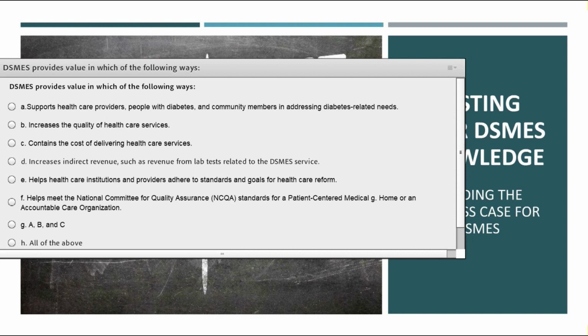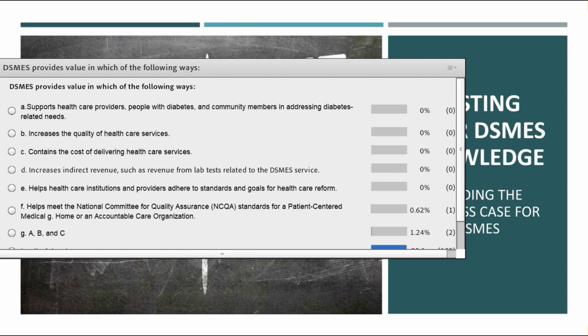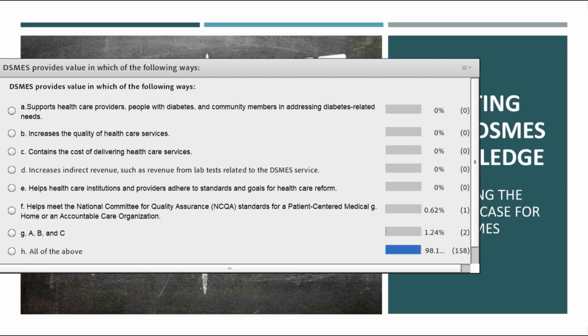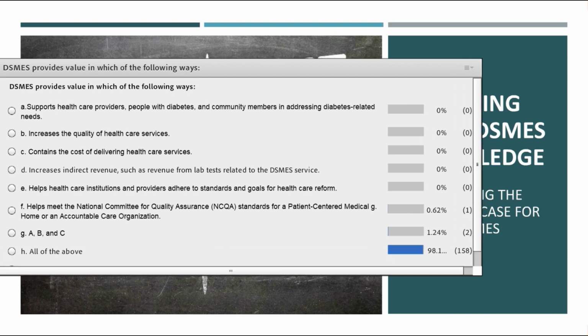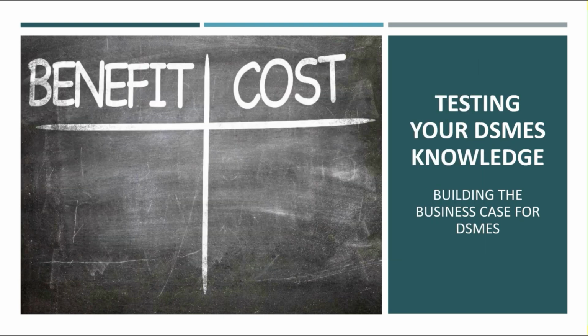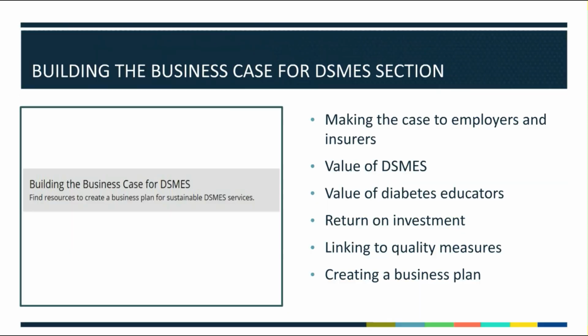Okay. All right. And the answer is, of course, all of the above. So in the Building the Business Case section of the DSMES Toolkit, you'll find information that will help you make the case to employers and insurers about DSMES.